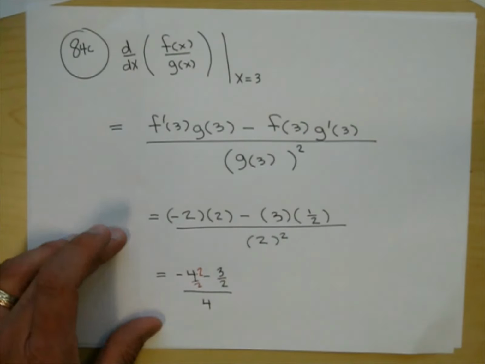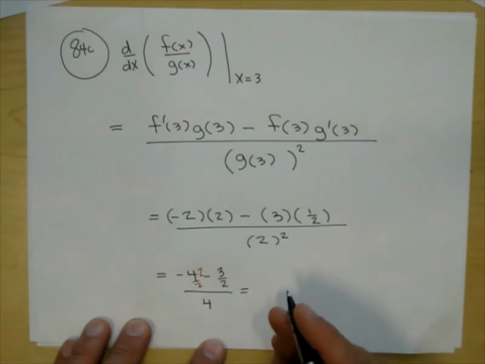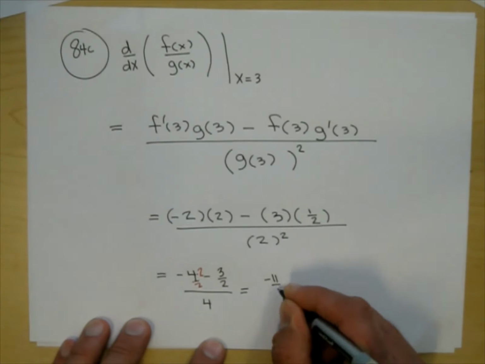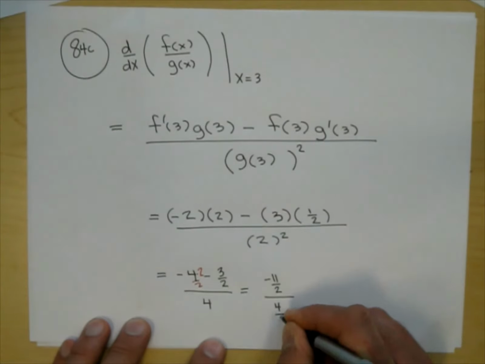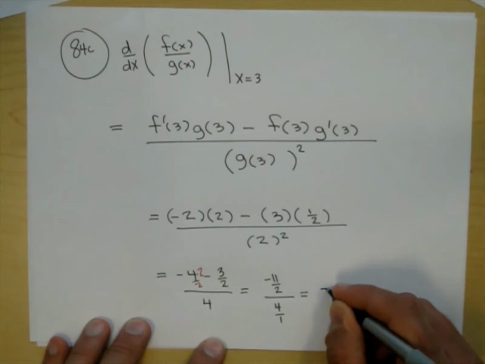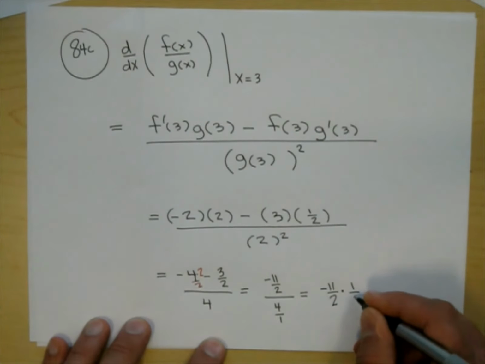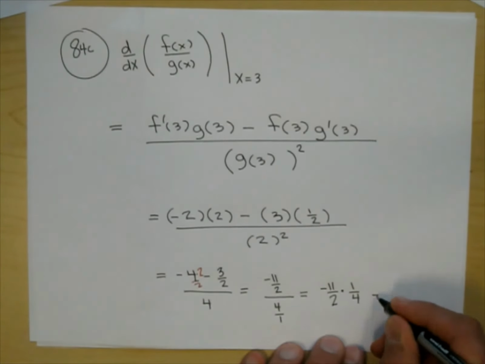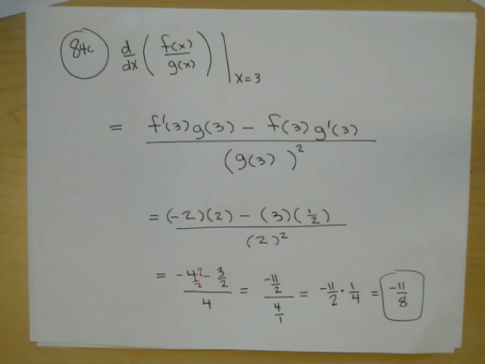Multiply that one by 2 and 2, so this is going to be -8 minus 3. That's -11 over 2. All over 4 over 1. Copy, dot, flip, and my answer is -11 over 8. And that's how we do these ones with the picture on them.